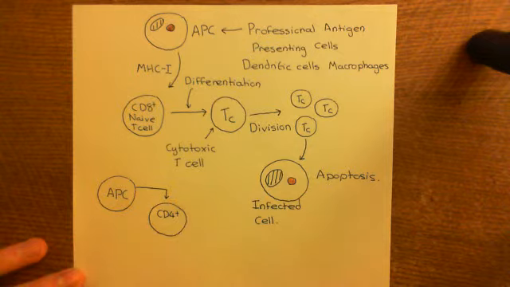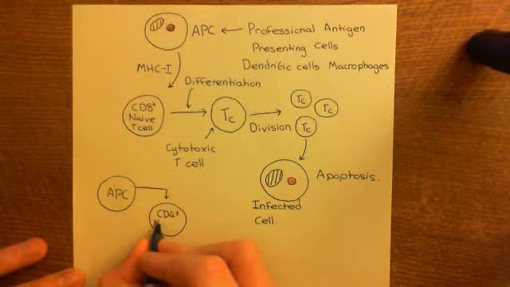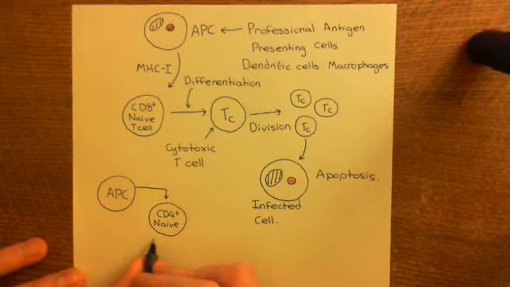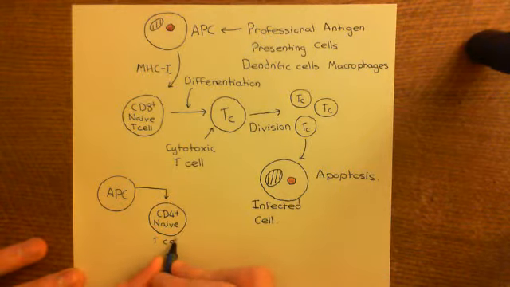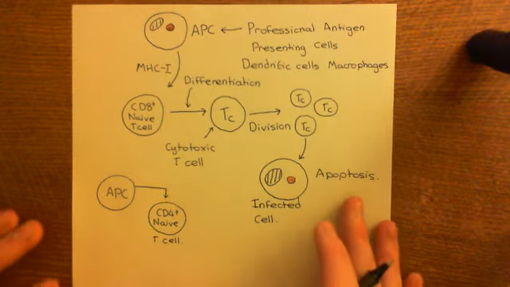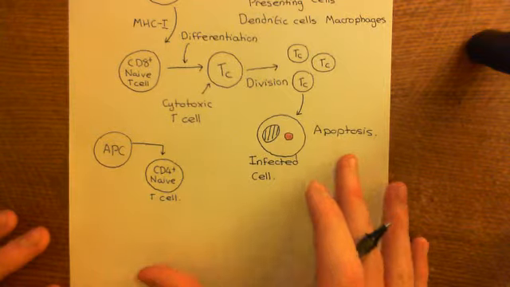Okay, so I also just want to discuss one more thing before we move on, which is that you could also have an intracellular pathogen which actually lives within phagosomes.